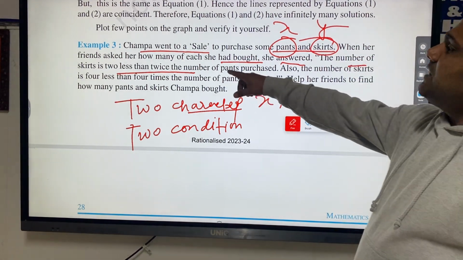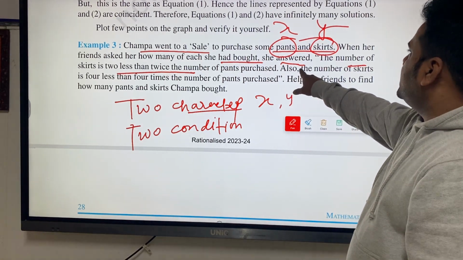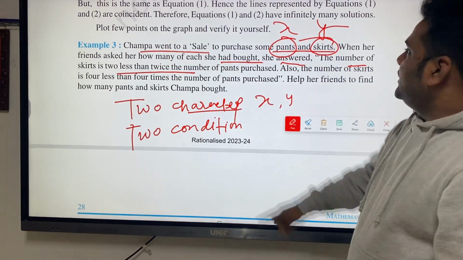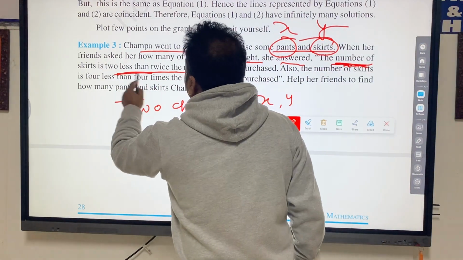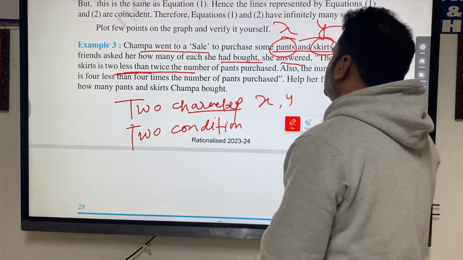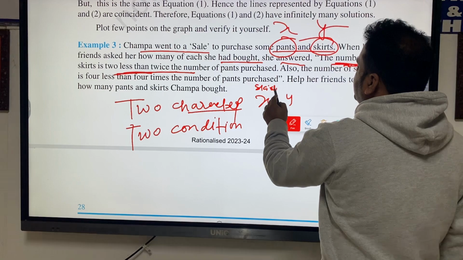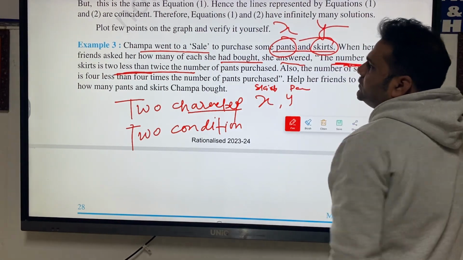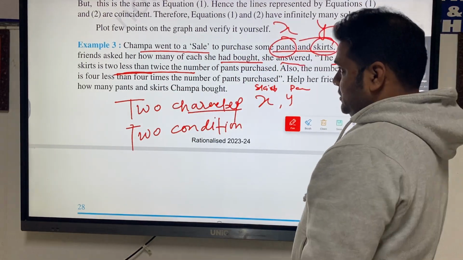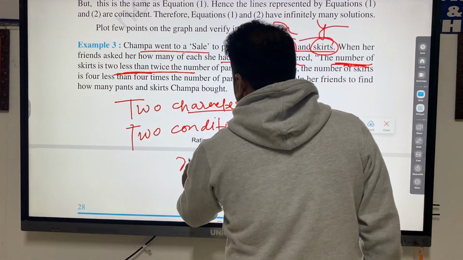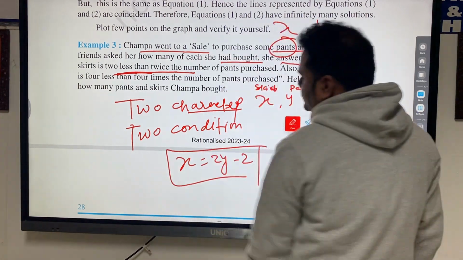Okay, when her friends asked her how many of each she had bought, she answered the number of skirts. So first condition, the number of skirts is 2 less than twice the number of pants. So suppose that X is skirts, Y is pants. So X is equal to 2Y minus 2.